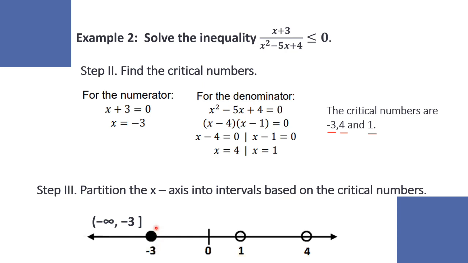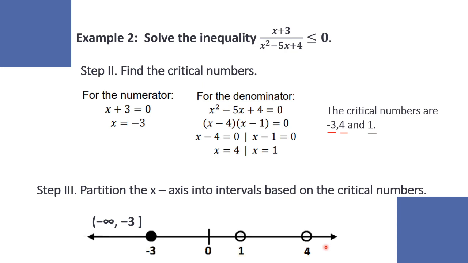We get this critical number from the numerator. Negative 3 plus 3 is 0, so the expression is 0 over a real number, which is equal to 0. And 0 is less than or equal to 0, which is possible. Yes, therefore negative 3 is shaded, meaning it is included in the solution set. Next, 1 and 4. Why are they hollow?